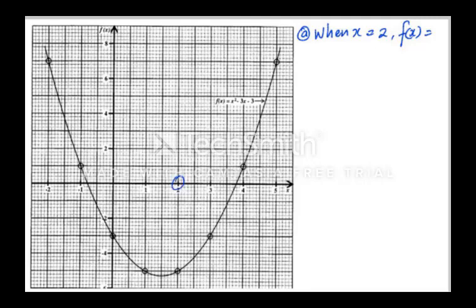So let's identify the point on the graph where x is 2. From here, use your ruler and draw a straight line down until it reaches the graph. So this is the point on the graph where x is 2. To find out the corresponding value of y, from that point you draw a horizontal line until it reaches the y-axis.